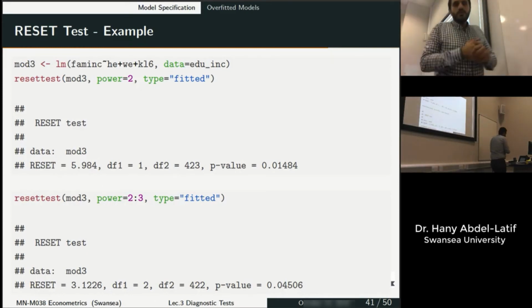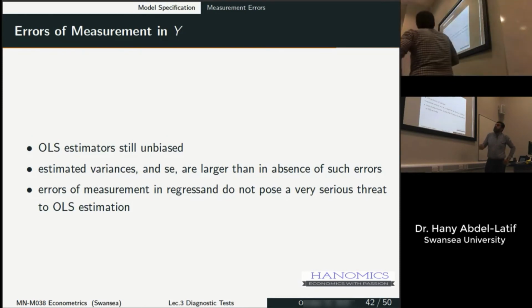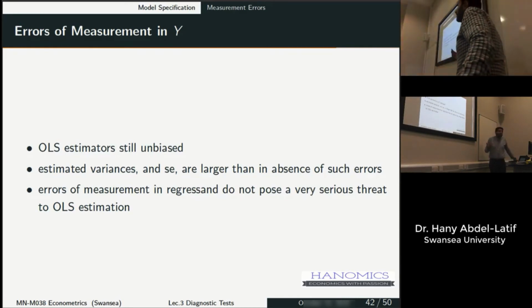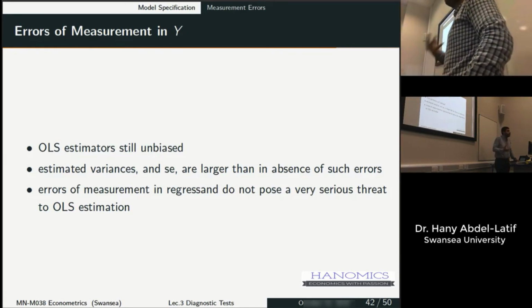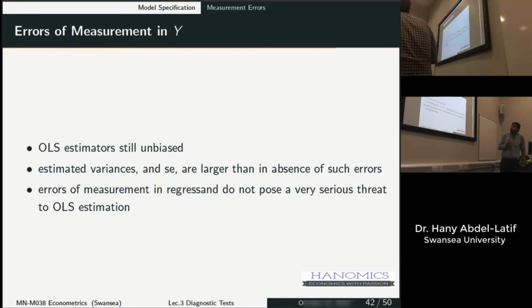Anyway, just moving to conclude, before we conclude this lecture, the errors, or the measurement errors. We talked about omitted variable bias. We talked about including irrelevant variables that are not important to the regression. And now we're going to finish off with what if we have issues with measuring the variables that enter the regression.